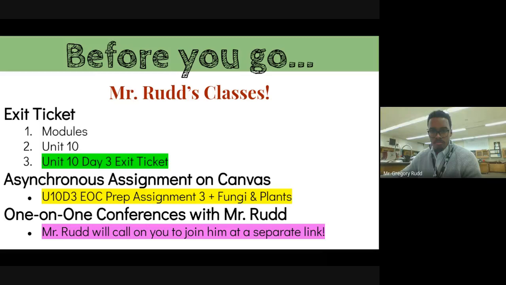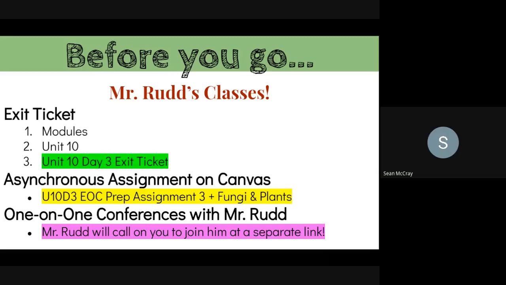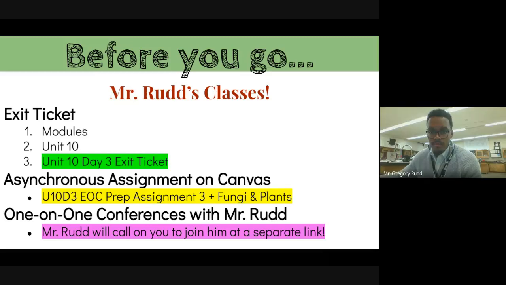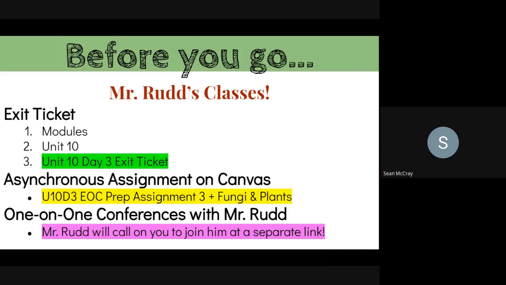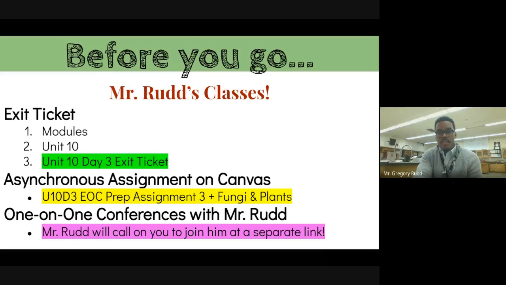I'll go. Who is that? Sean. I'm sorry, say that one more time. Sean. Oh, okay. Come on, Sean. Where's the link? I sent it to the chat earlier. I'll send it again. Let me see.